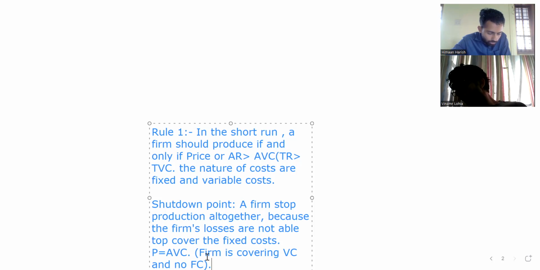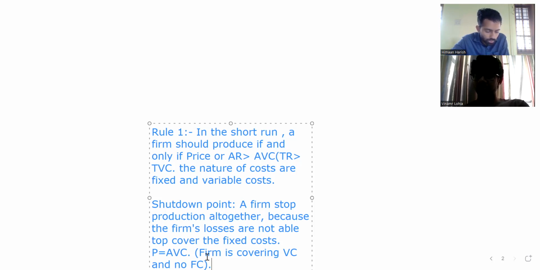One is where the price drops so low that revenues are insufficient to pay variable costs. The firm can avoid these costs by stopping production, and if it decides to resume production later, it is a situation of shutdown.